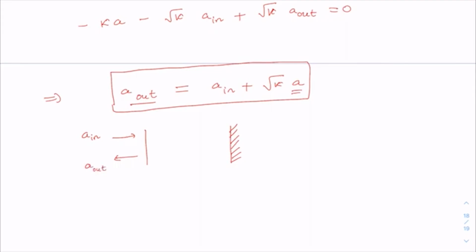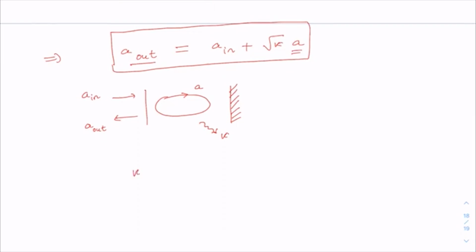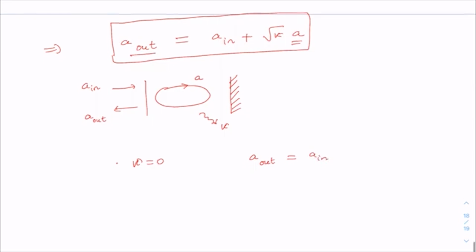If inside the cavity there is a cavity mode, a circulating mode, it decays at the rate kappa. Now if kappa is equal to 0, that means the cavity decay rate is 0, then you immediately see that whatever is incident is going to get reflected.